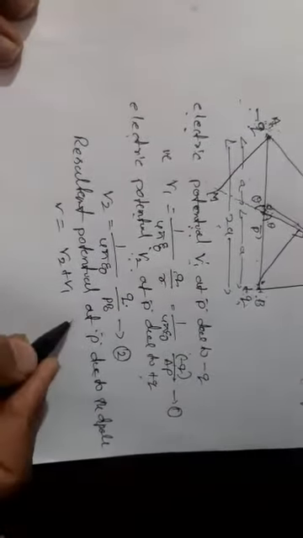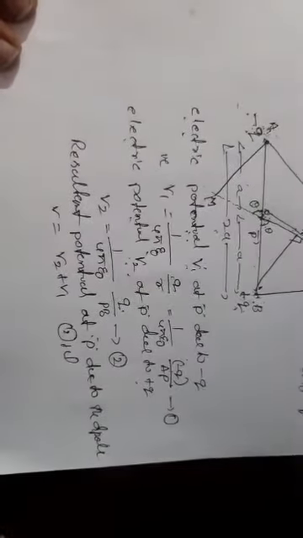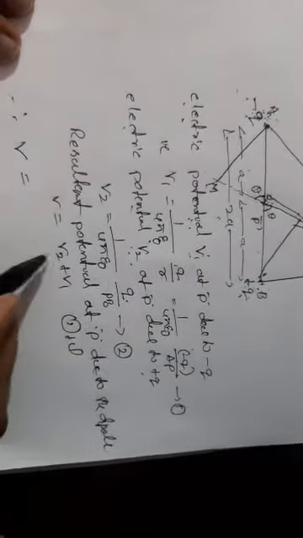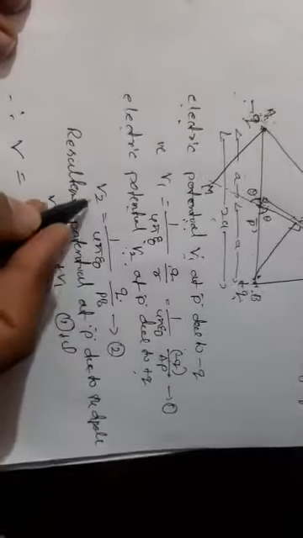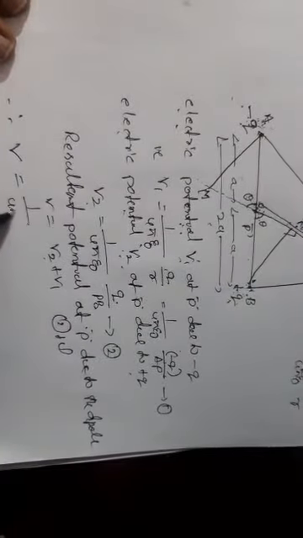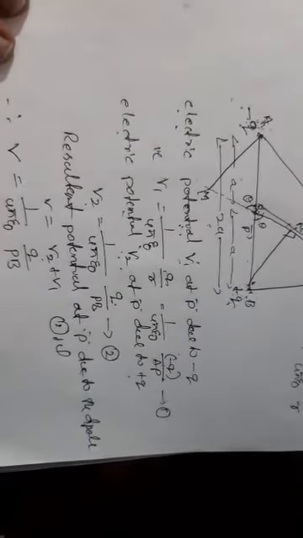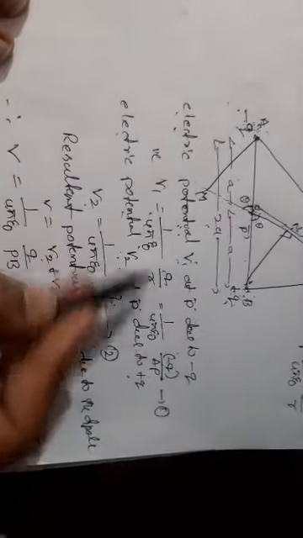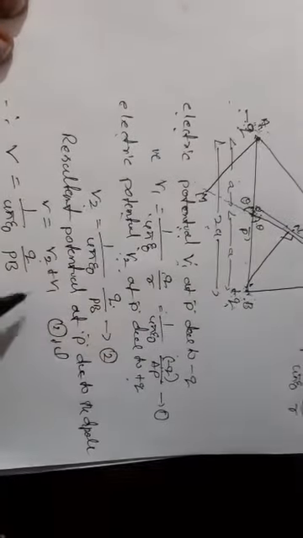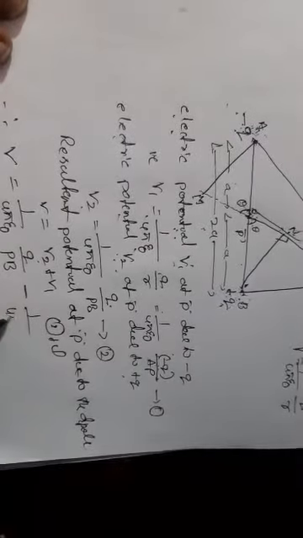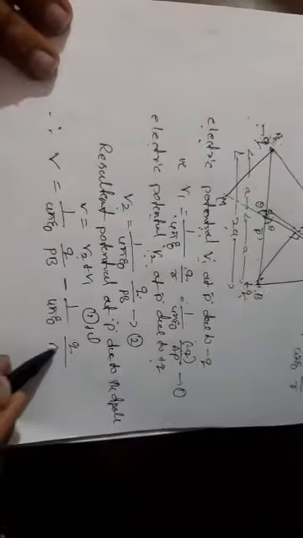Substitute the values, adding equation 2 plus 1. V2 is 1 by 4 pi epsilon naught, q by PB, plus V1, which is for the negative charge, so plus into minus is minus: 1 by 4 pi epsilon naught, the charge q, distance AP.